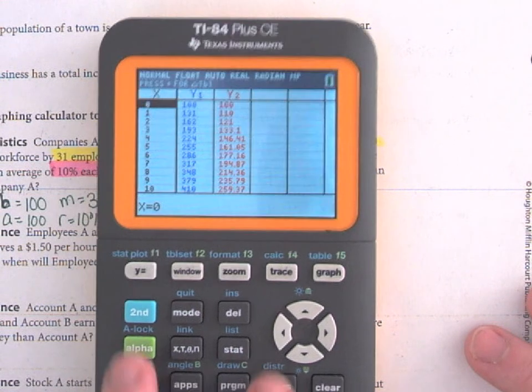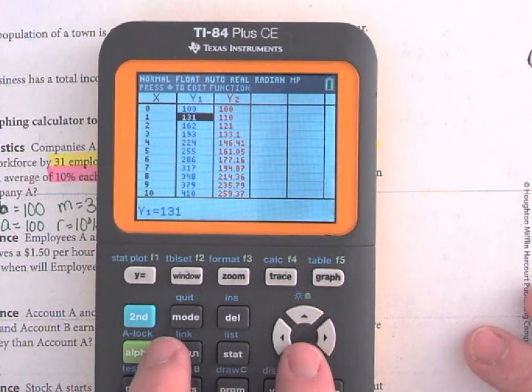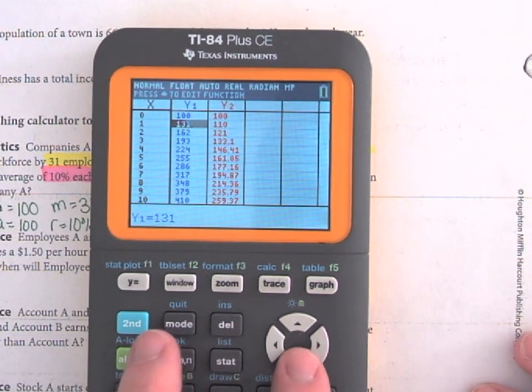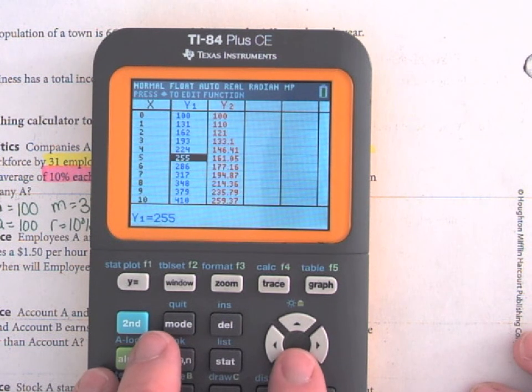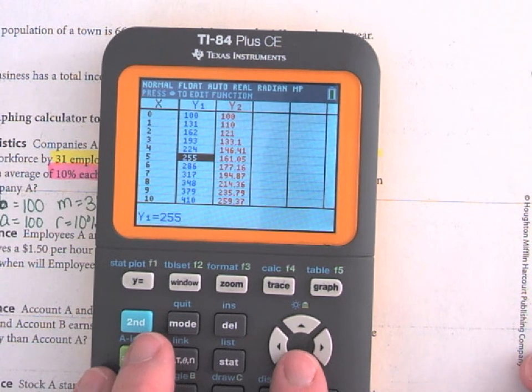And at first, company A has more employees than company B because it's increasing at a higher rate at the beginning. Eventually, though, company B will end up surpassing company A because you'll be taking a percentage of a number that's bigger, so you'll end up adding more. And we have to figure out when that is going to happen.